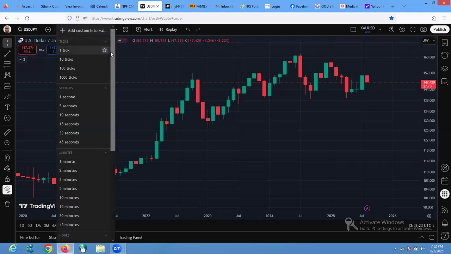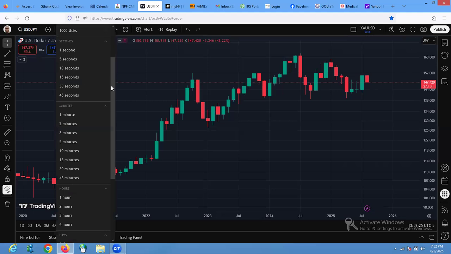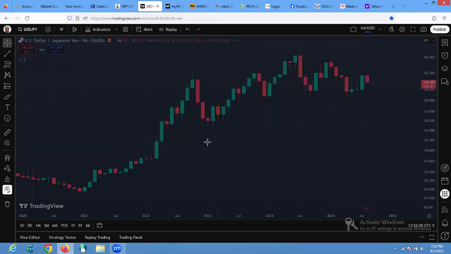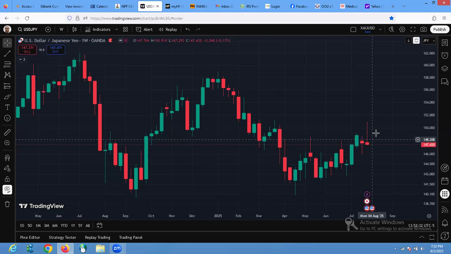But let's look at the mood on the weekly time frame. Here, the mood on the weekly time frame tells us that what the price will first do here is to correct to the upside before we see more downside. So these are the liquidity graphs that we saw on the weekly here, the week, and this also appears as a week.